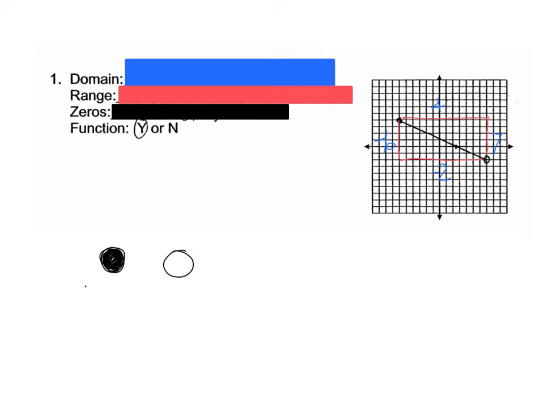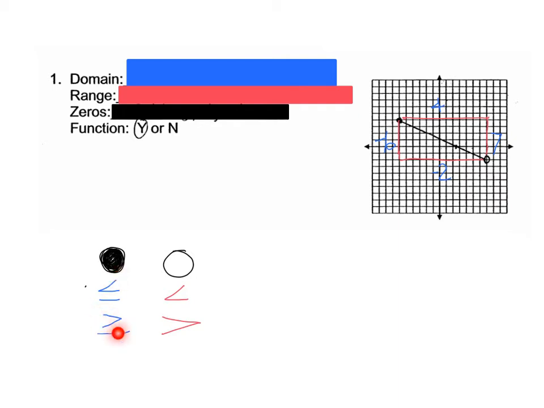When we see open circles, so not filled in, we're using less than or greater than symbols. If it is a closed circle, then we're using the less than or equal to or greater than or equal to symbol, okay?